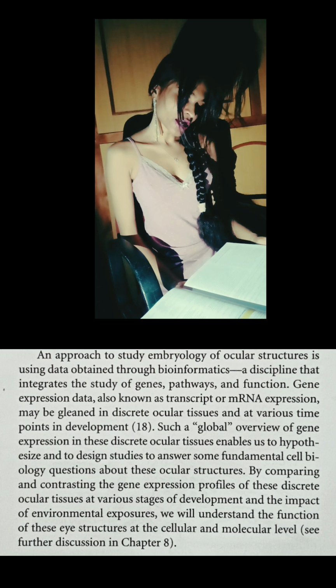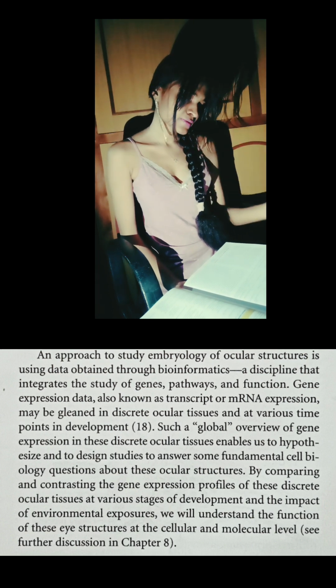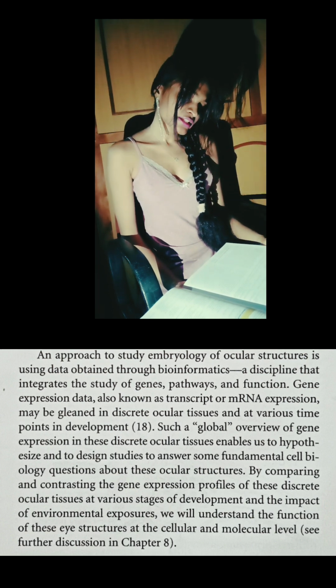By comparing and contrasting the gene expression profiles of these discrete ocular tissues at various stages of development, and the impact of environmental exposures, we will understand the function of these eye structures at the cellular and molecular level.